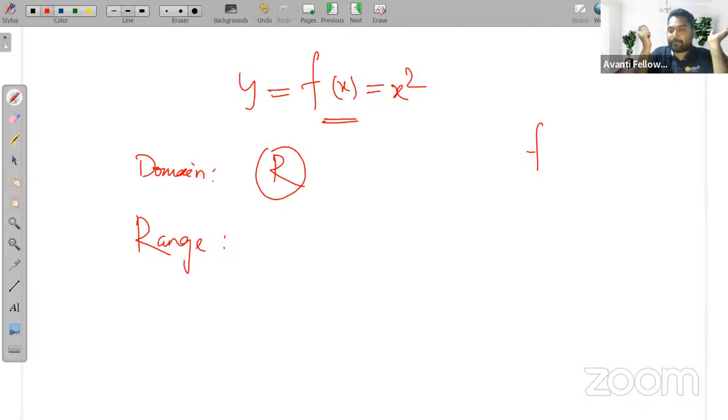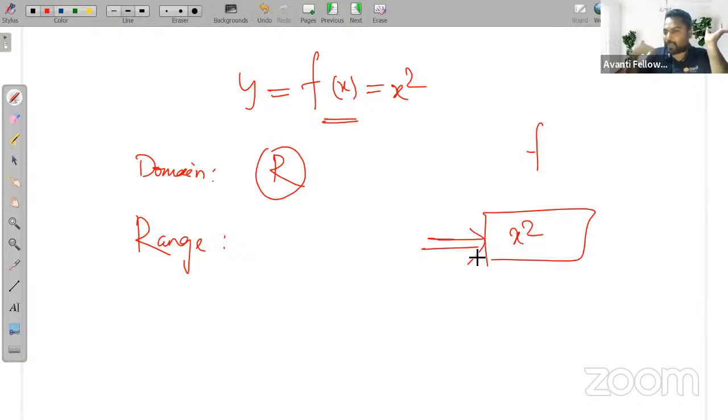What is the range? Tell me quickly. It's a mathematical machine, x square. If we give any real number as input to this function, it will make it positive.